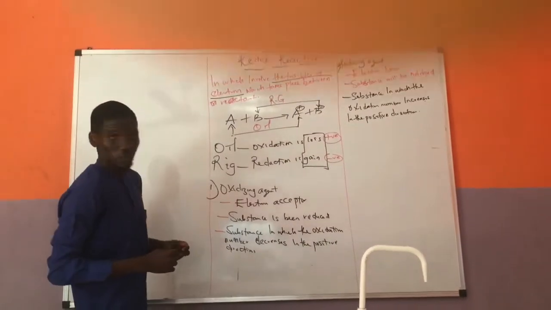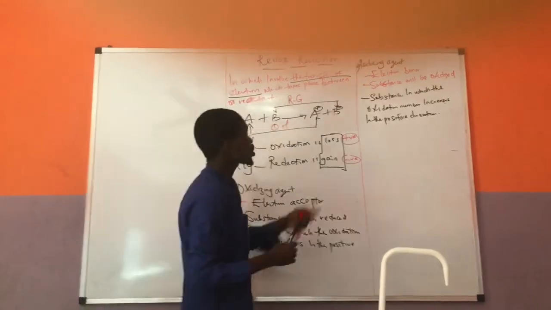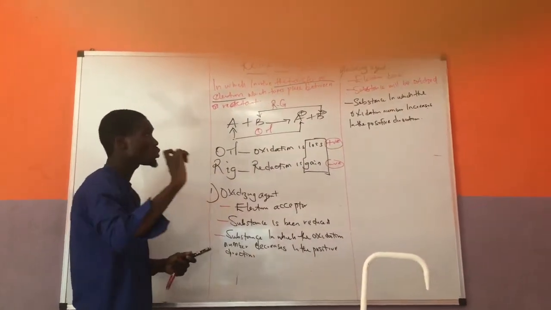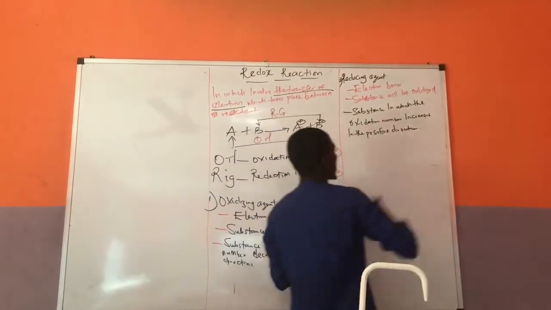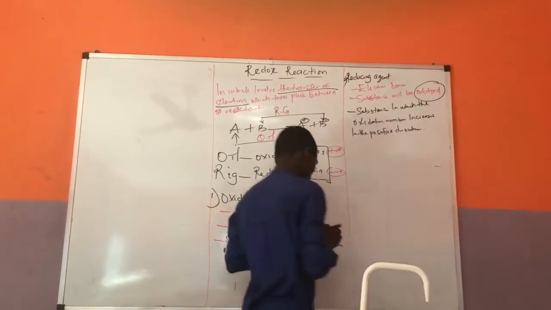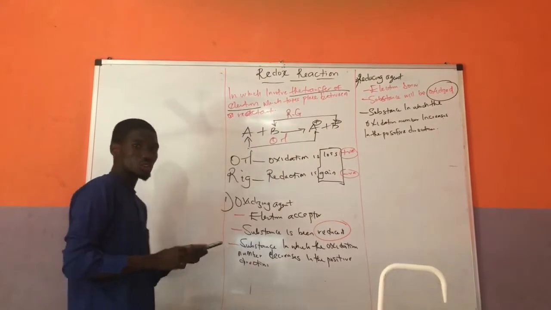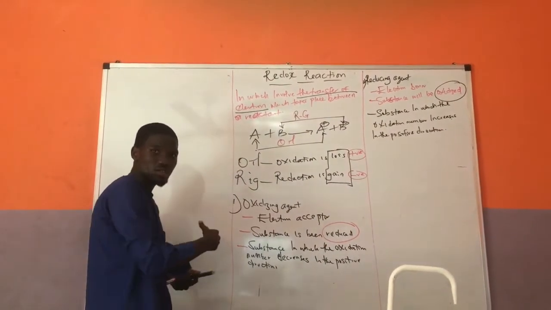Can I say it now? Substance in which the oxidation number increases in the positive direction. So what do we want to use here? Is two things here. Oxidize. One for these. You can say what? Reduce.